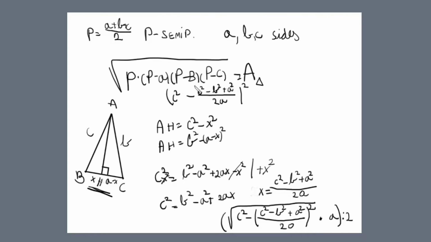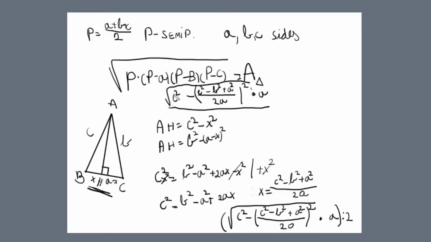Good, we take the square root out of this. And okay, we take the square root, multiply by A, and divide everything by 2. Okay, perfect.